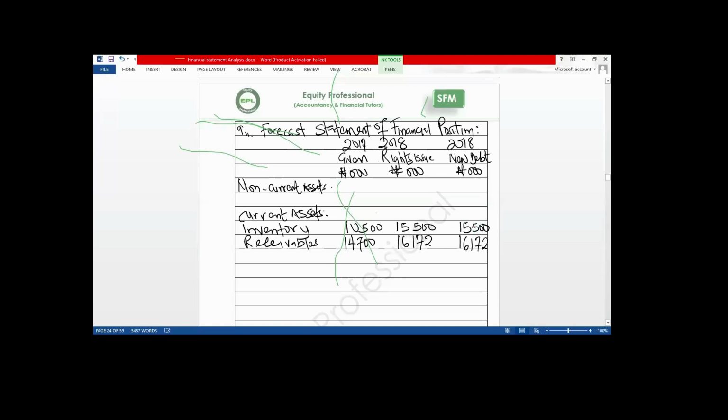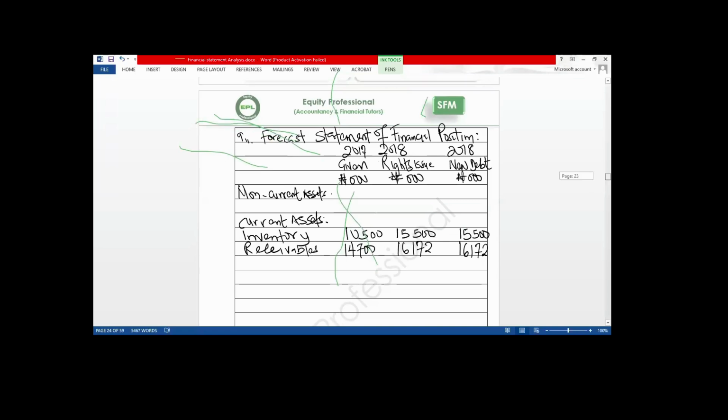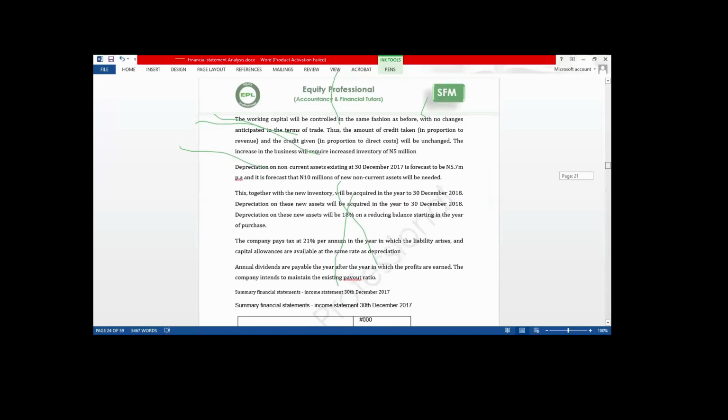Whether we finance by debt or by equity, the inventory value will increase by 5 million. We continue. So please, in exam, if you have question of this nature, just take it paragraph by paragraph.